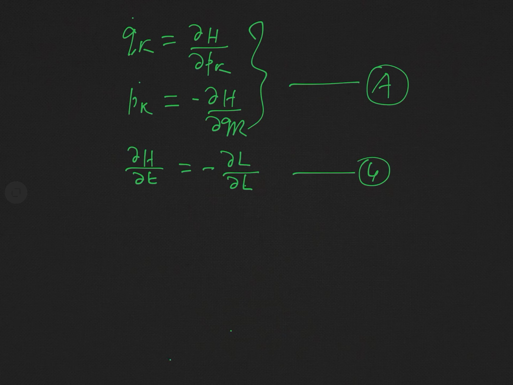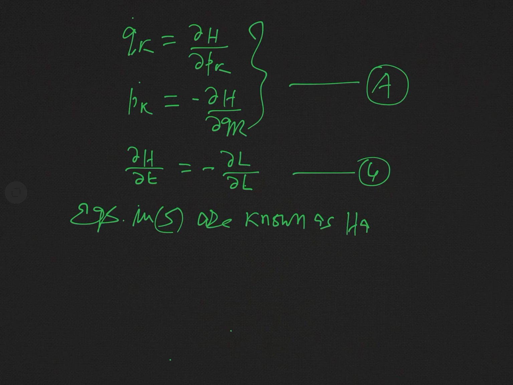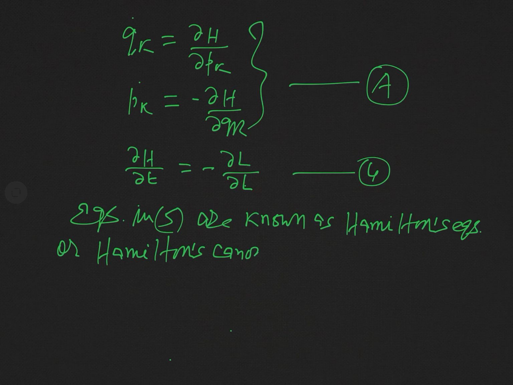So equations in 5 are known as Hamilton's equations or Hamilton's canonical equations of motion.